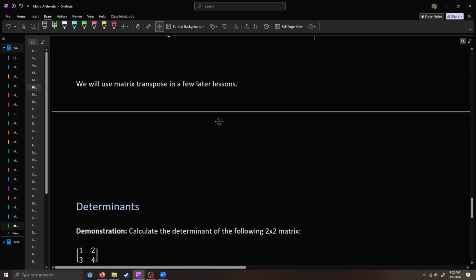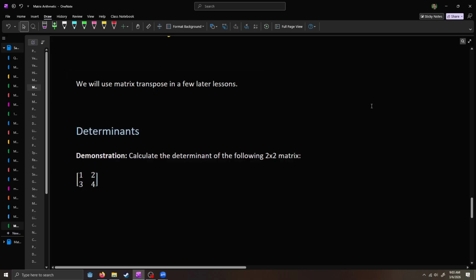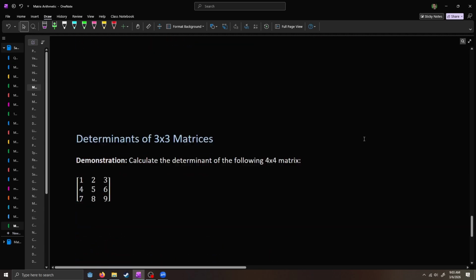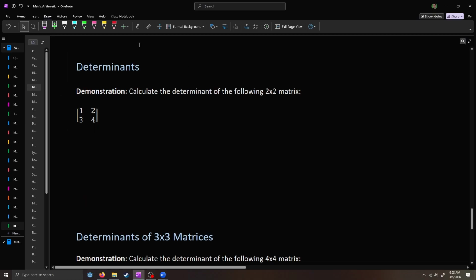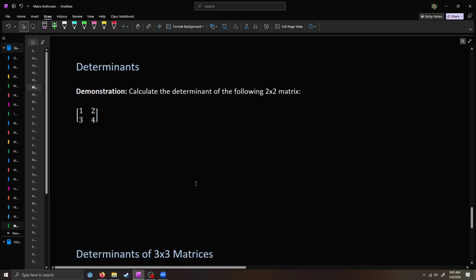Finally, let's go ahead and review determinants for 2 by 2 and 3 by 3 matrices. Determinants, you may have only used them to calculate cross product up to this point, but determinants have far more applications and uses than just cross product. So let's go ahead and write down the general process that is used to find the determinant of a square matrix.